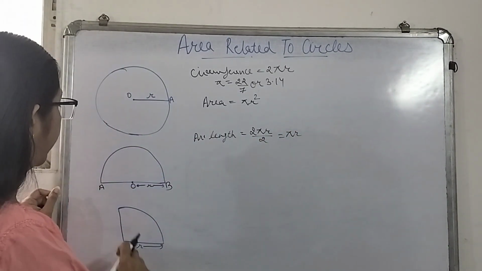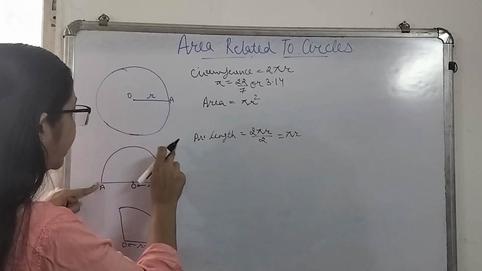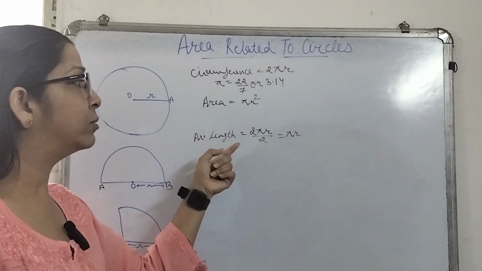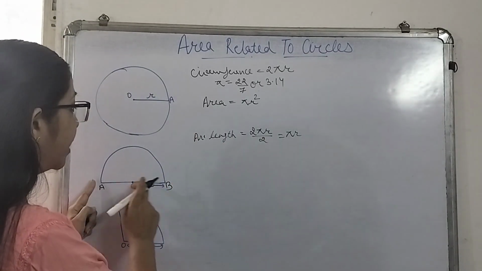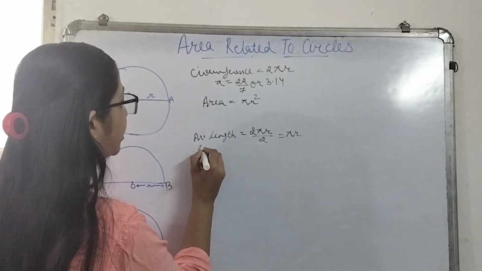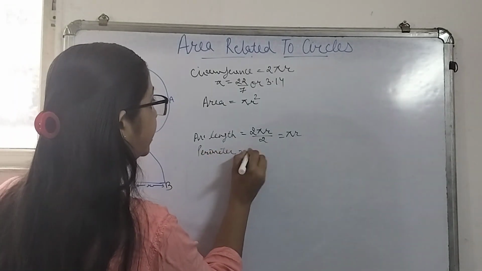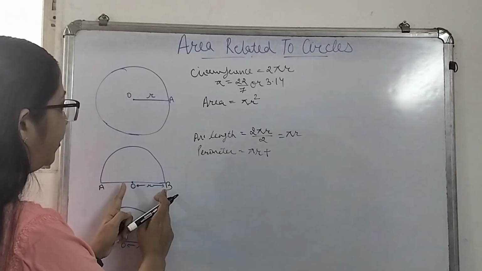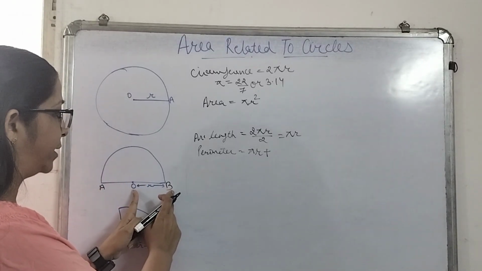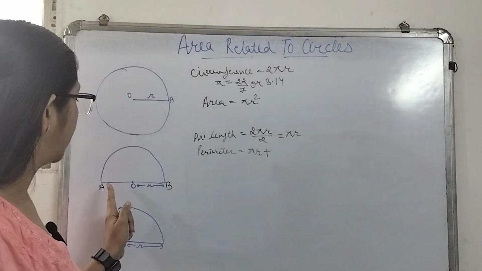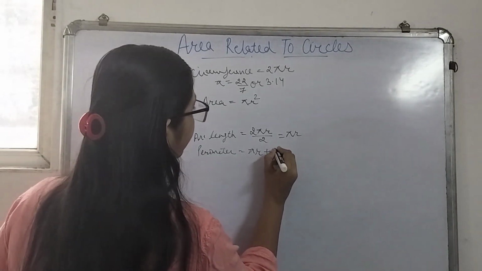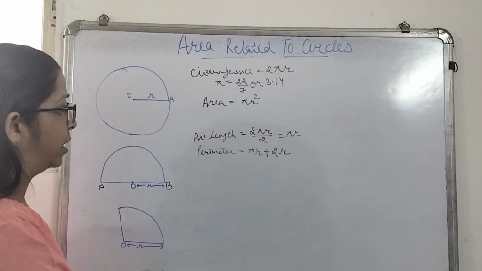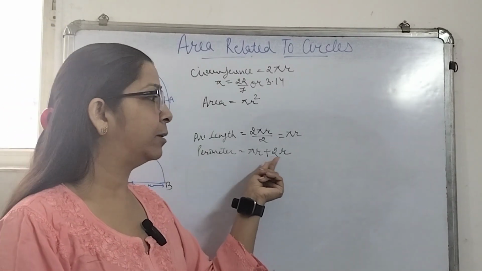Now perimeter means if we start from here and come back to this point. So perimeter won't be only the arc length, it will include the length AB also. So perimeter will be the arc length plus the distance from A to B. OB is the radius and OA is also the radius of the circle, so it will be plus 2R. So the perimeter of a semicircle is pi R plus 2R.